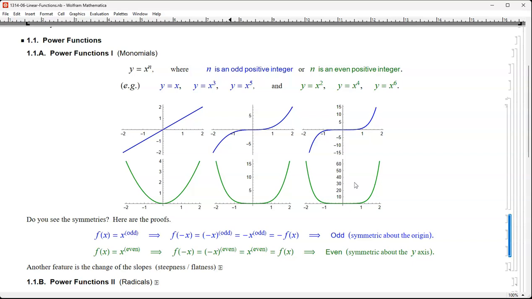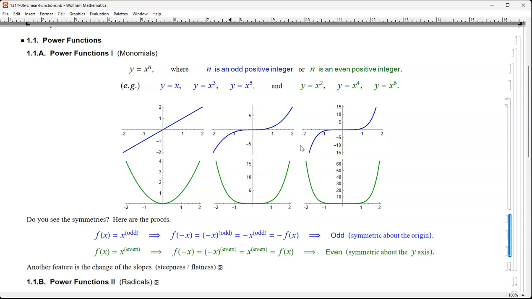Now what if you have an even power? Well, let's move to the right. Something humongous to the even power, yeah, okay, humongously positive. How about this? Something humongously negative to the even power, that's going to be humongously positive. Negative to the even power is positive. So either way we have going up to infinity.